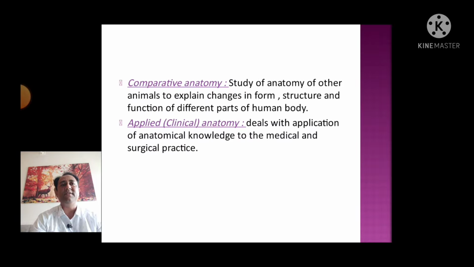Comparative anatomy means study of the anatomy of other animals to explain the changes in form, structures and functions of different parts of the human body. You all might be aware of the vaccines and drugs. Many scientists and researchers are developing and inventing these vaccines and drugs. They experiment with those drugs and vaccines on animals. They observe the changes in those animals, and after successful trials they implement that drug or vaccine on humans.